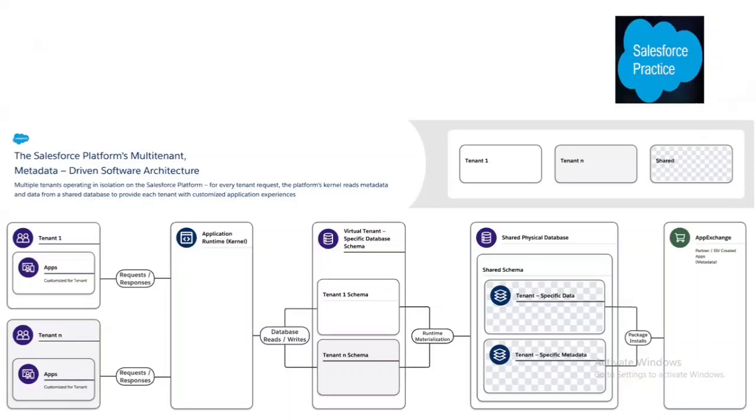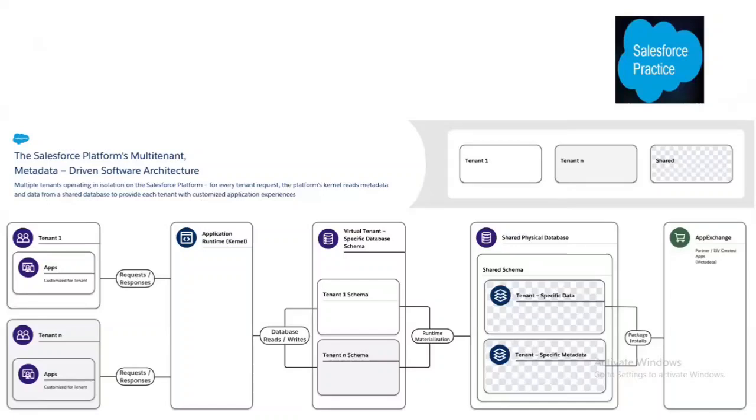When they make requests, the platform's kernel reads metadata and data from the shared database to provide each tenant with a customized application interface experience. We have one shared physical database from where we fetch and provide data related to that tenant only.